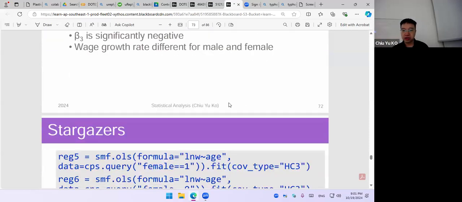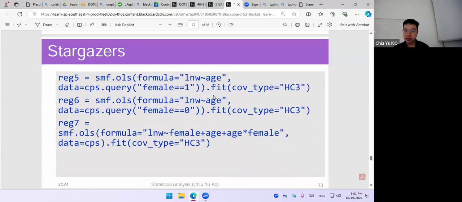Not only do they have a lower starting salary, they may also have a different growth path. And the good thing about statsmodels formulas in Python is that you are allowed to use multiplication in order to create another variable.